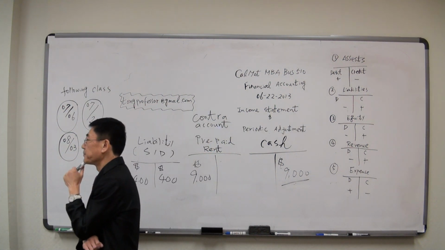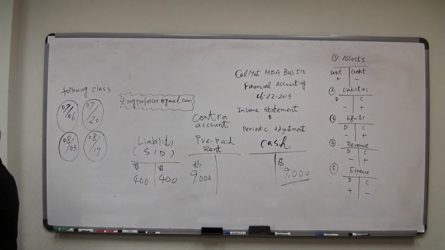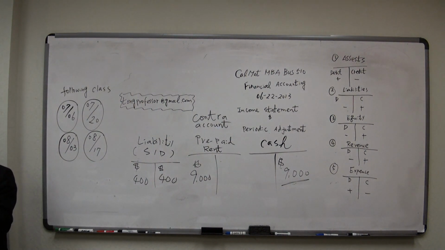Any answer? Am I clear? I just want to make sure I'm clear. Any suggestion, Peter? Prepaid reduces, and expense increases. Yes, the idea is correct, but by how much? And give me the name of the account.